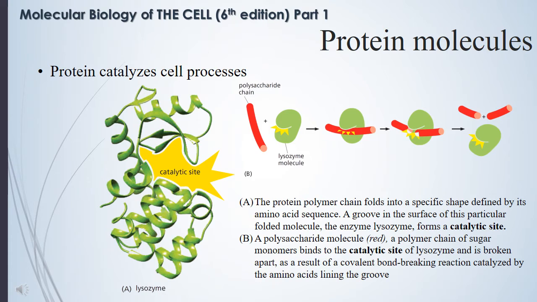A lysozyme is a catalytic protein that has an active site that cleaves polysaccharide chains. This active site has a specific amino acid sequence that binds to the polysaccharide chain and catalyzes a covalent bond breakage in a polysaccharide molecule.